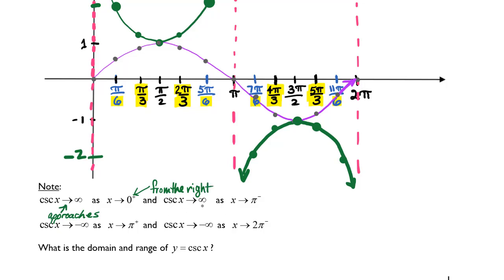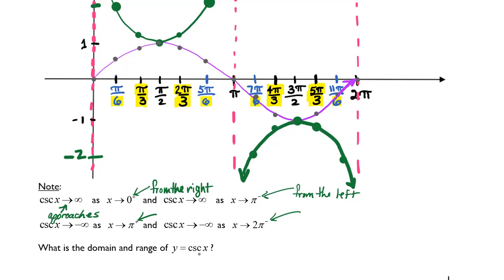Cosecant x approaches infinity as x approaches pi, and this little negative sign means from the left. We can also say that cosecant of x approaches negative infinity as x approaches pi from the right, and approaches negative infinity as x approaches 2 pi from the left.